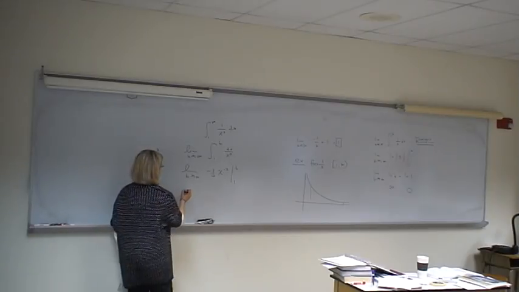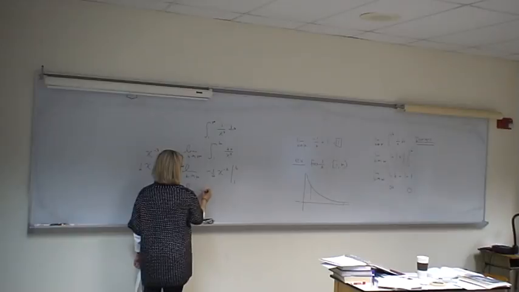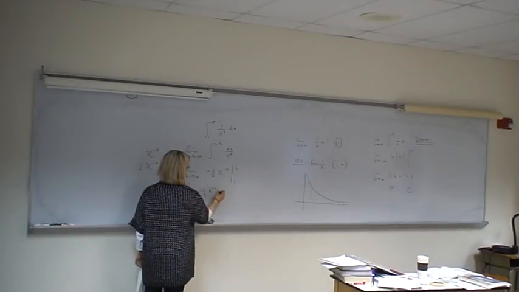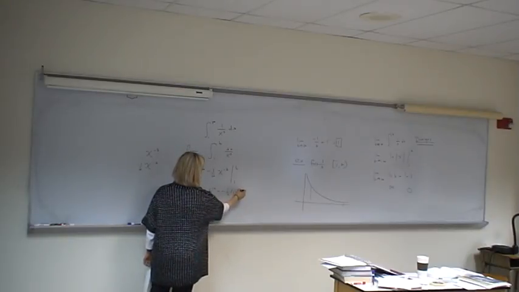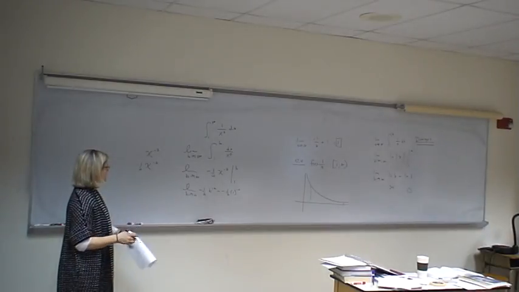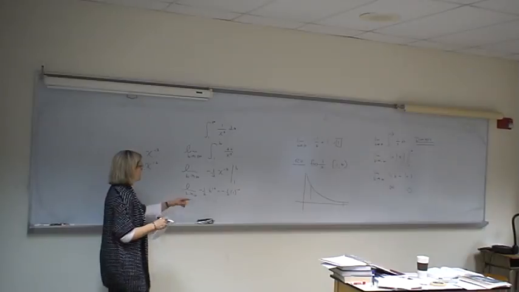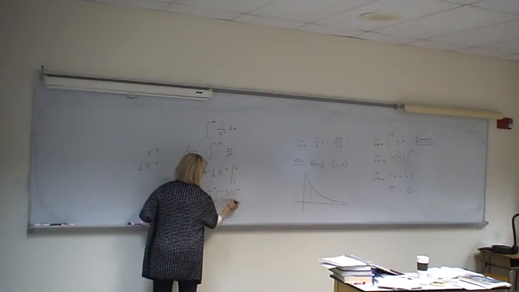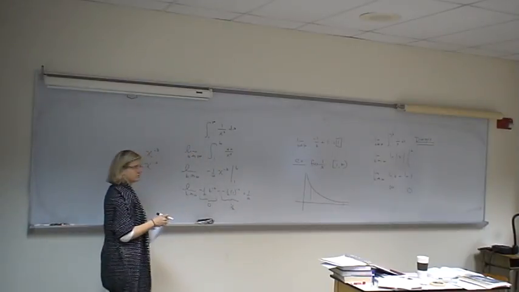So we're going to plug in b, so we have -1/2 b to the -2 minus -1/2 times 1 to the -2. So that should go to 1/2, right? It will, because this goes to 0, and this is a half, so this is 1/2.